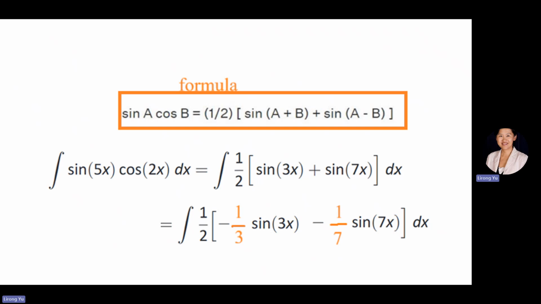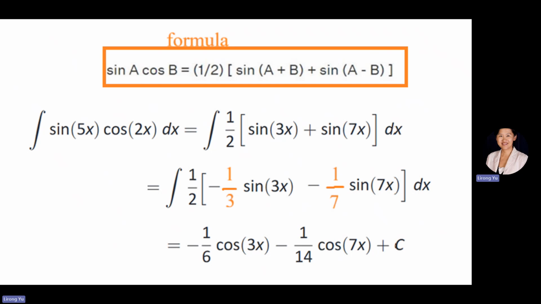If you're integrating sine 3x, the antiderivative is, I need to think. Sorry, that was wrong. Why did I write it that way? The editing was wrong. That was supposed to be the integration process.